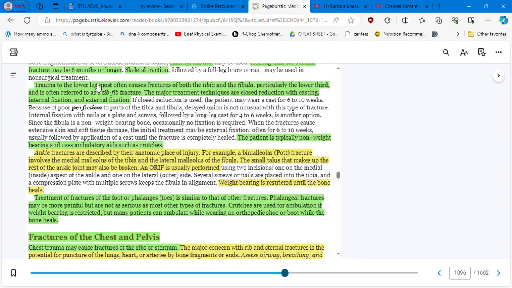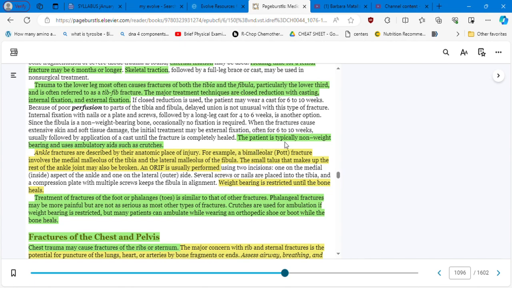Trauma to the lower leg most often causes fractures of both the tibia and the fibula, okay? Particularly the lower third, and is often referred to as tib-fib fracture. The major treatment techniques are closed reduction with casting, internal fixation, and external fixation.